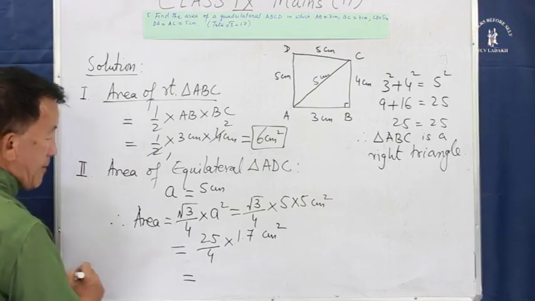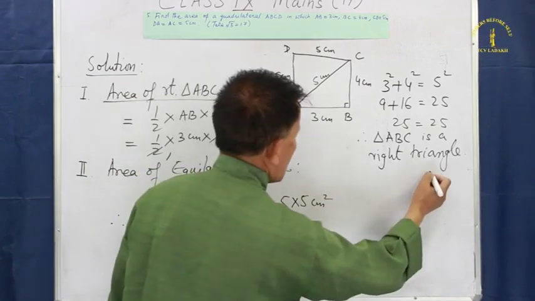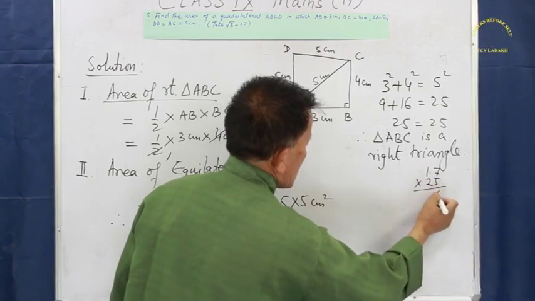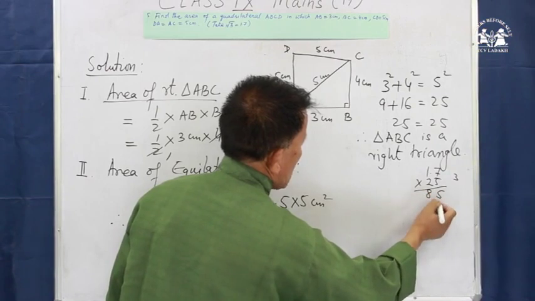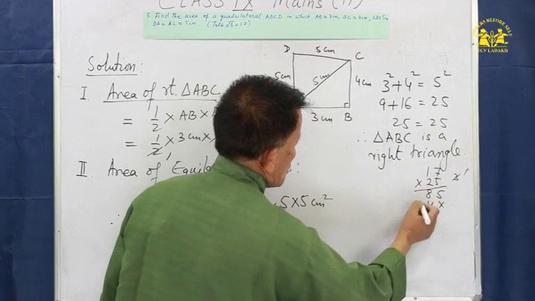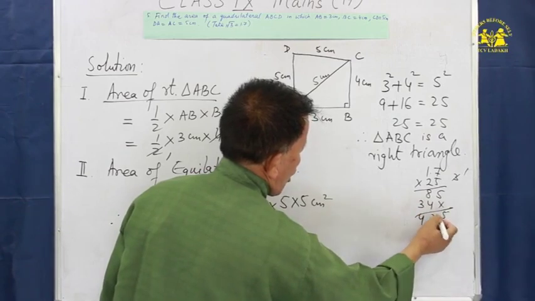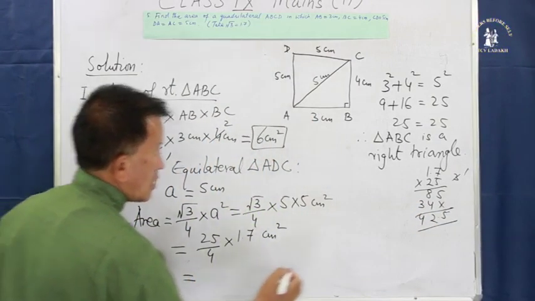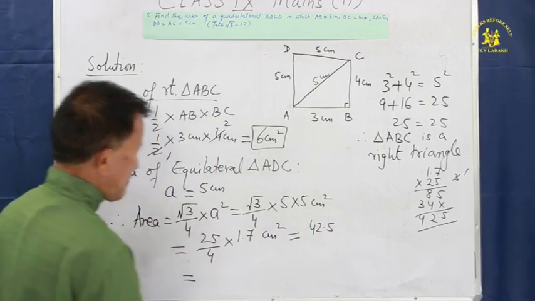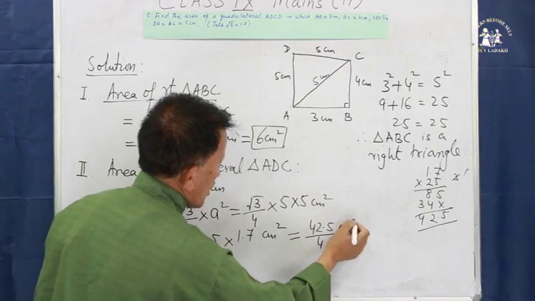So you multiply 25 and 1.7. 1.7 into 25. 5 sevens are 35. 5 ones are 5 plus 3, 8. 2 sevens are 14. 2 ones are 2, 3. So this is 42.5 divided by 4 square centimeter.